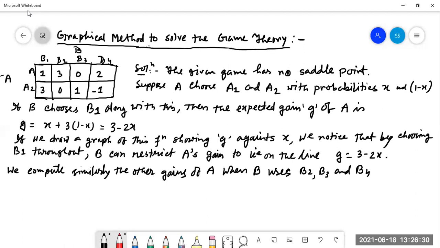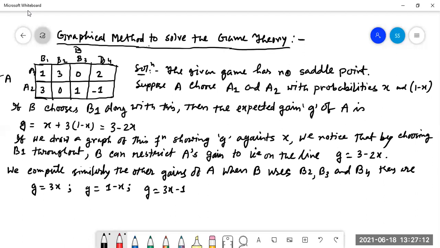When B plays B2, we get another line, when B plays B3, another line, and when B plays B4, another line. So there will be 4 lines. The lines are G equal to 3x, G equal to 1 minus x, and the last line is G equal to 3x minus 1. So there we got the four lines.